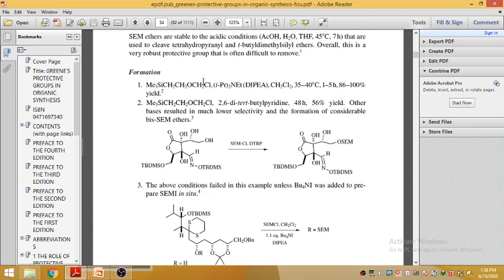In the first method, the same reagent, Hunig's base, dichloromethane at 35 to 40 degrees Celsius, 1 to 5 hours, 86 to 100% yield. That is reference number 2. Similarly, here they have used 2,6-di-tert-butylpyridine. The reagent is the same, and they have got 56% yield. There are some other methods.